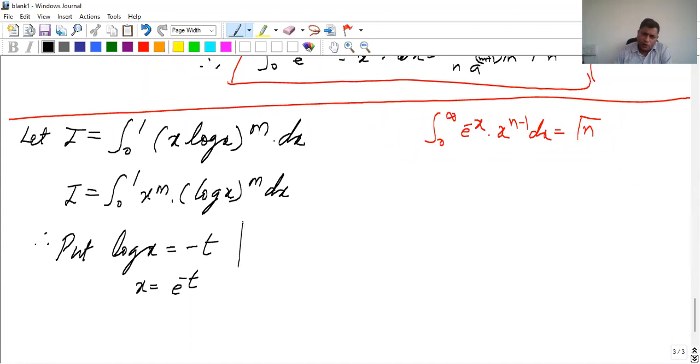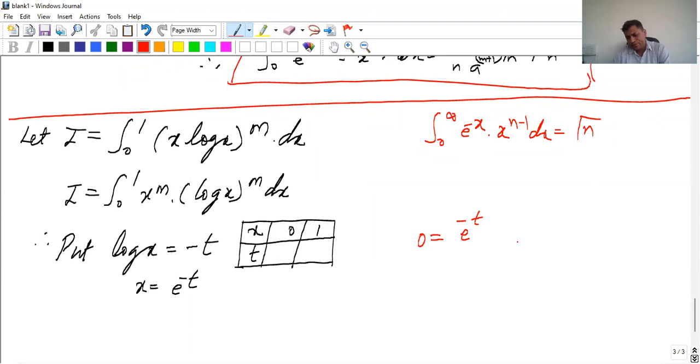And now we have to think of the limits. So x is going from 0 to 1. What is the value of t? Now see, x is equal to e raised to minus t. We want the value of t. If x is equal to 0, then 0 is equal to e raised to minus t.